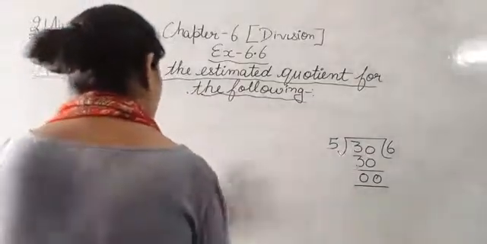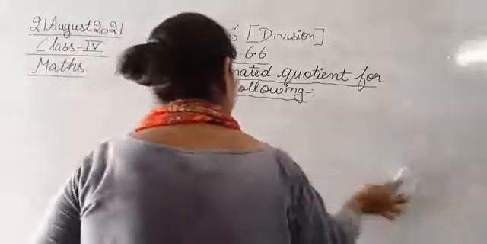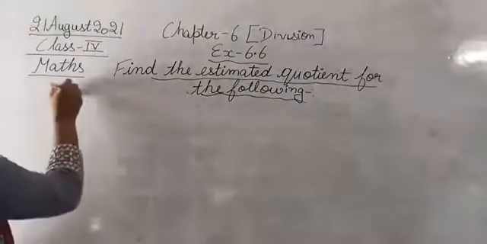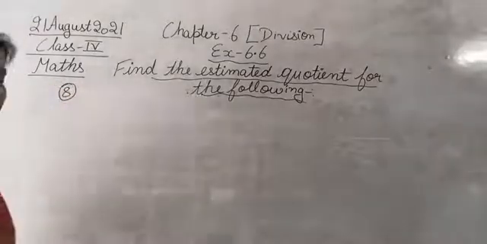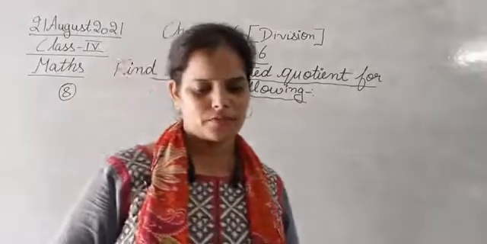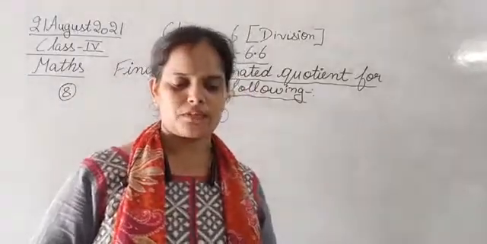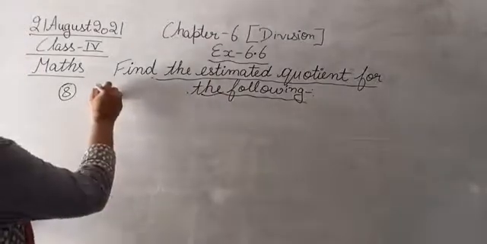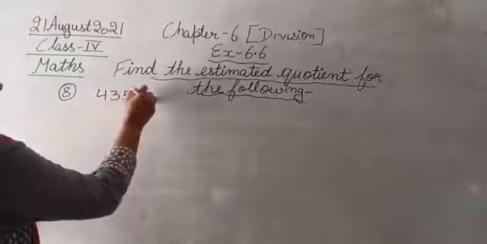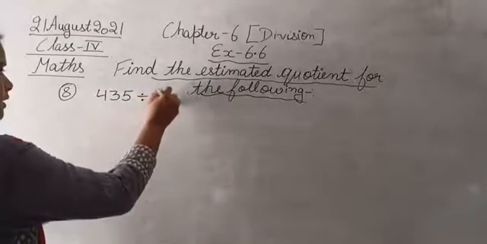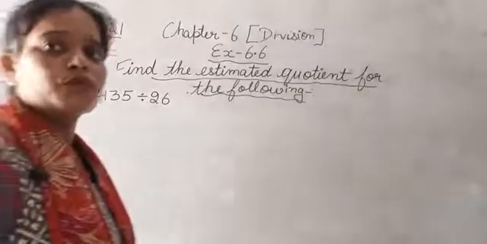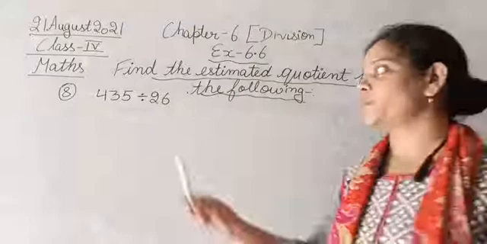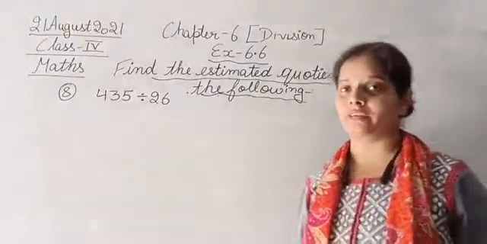In question number 8, we have the figures 435 divided by 26. So we are going to round off 435 and 26.